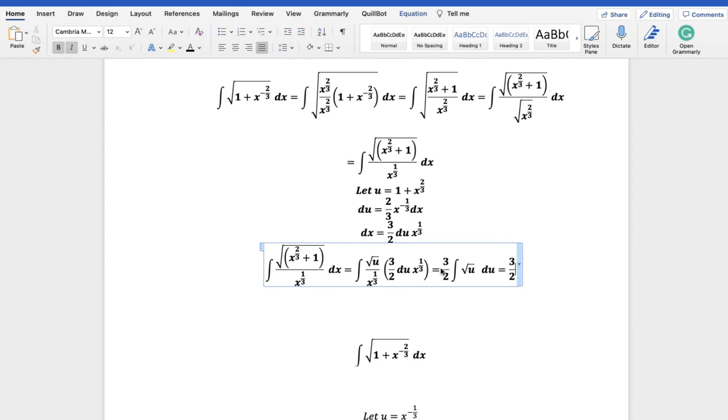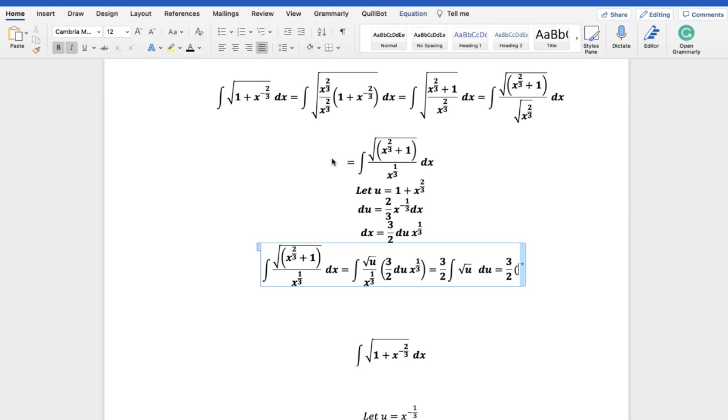So what's that integral equal to? U to the power of 3 over 2 divided by 3 over 2. Exactly.